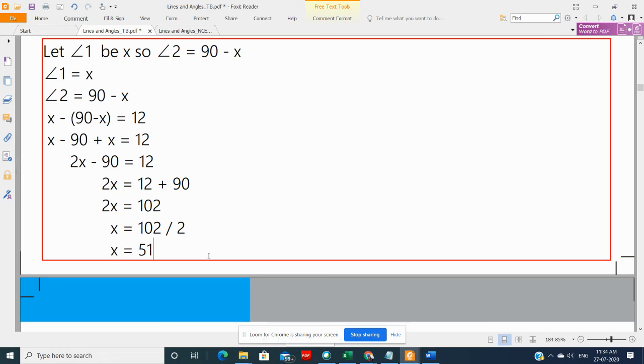So this x, which is your angle 1, is 51. This is how you solve it and represent it.